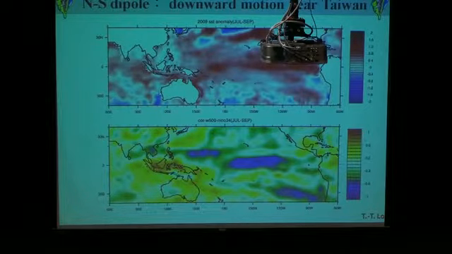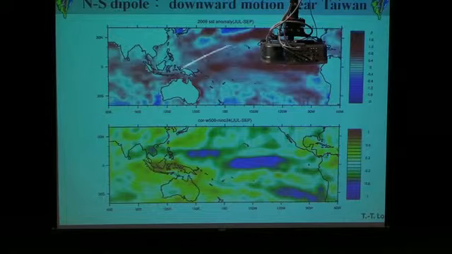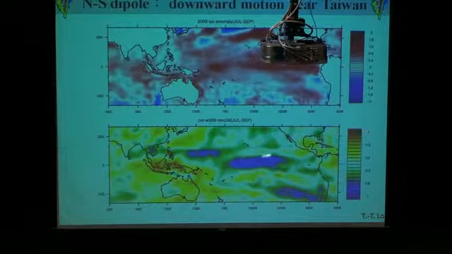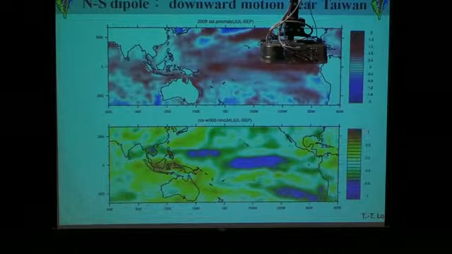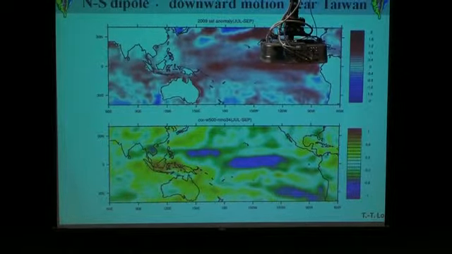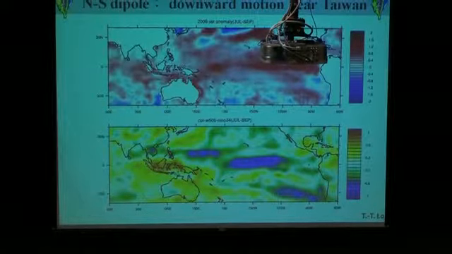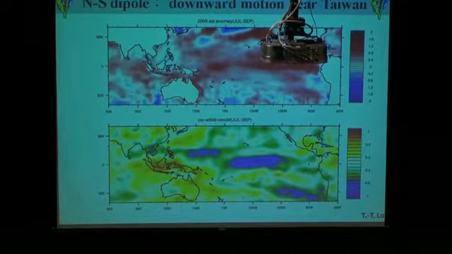Based on this very straightforward, simple calculation, it probably implies that whenever we have this kind of condition, it's not particularly favorable for the development of convection near Taiwan. So probably El Nino is one of the factors.